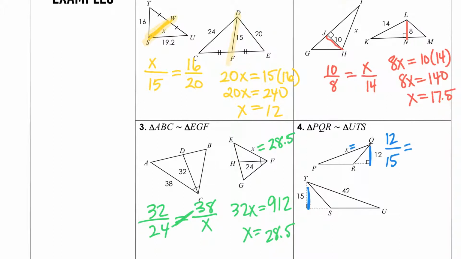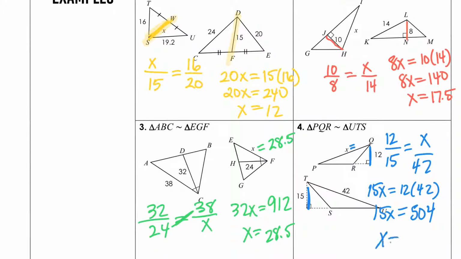They are going to correspond to the different values of x and 42. So 15x would equal 12 times 42. So 15x does indeed equal 504. I believe that is correct. And if we divide both sides by 15, x does indeed equal 33.6.